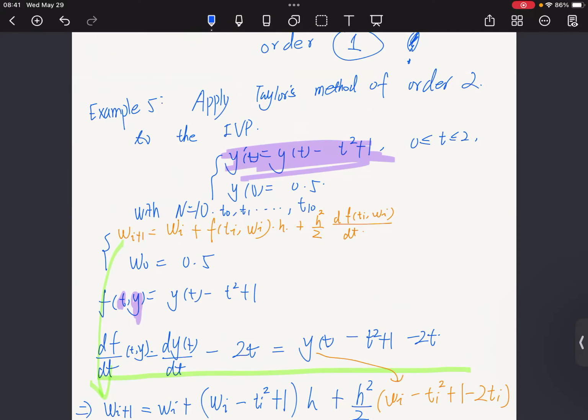So what's the step size? The step size h is 2 minus 0, the interval length, divided by the 10 subintervals. So for each subinterval, the h size should be 0.2.